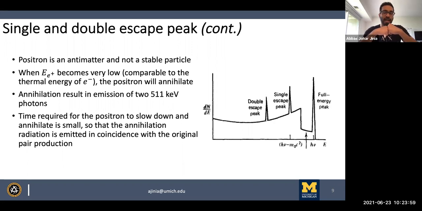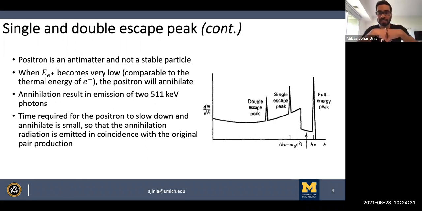Now, it turns out that the time it takes for a positron to slow down and undergo annihilation is very small. So for the detector, this annihilation radiation is emitted in coincidence with the original pair production reaction. So we can think like this: the pair production happens, and then almost instantaneously, we're going to have two 511 keV photons.